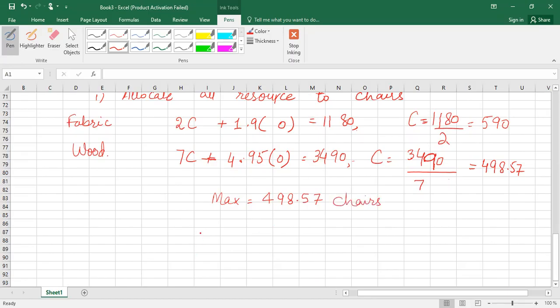Now I am assuming that I am allocating all the resources to tables. So 1180 divided by 2, I can produce 590 tables here.